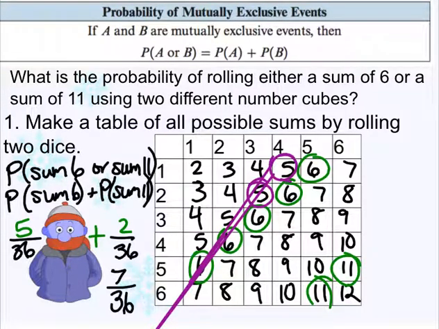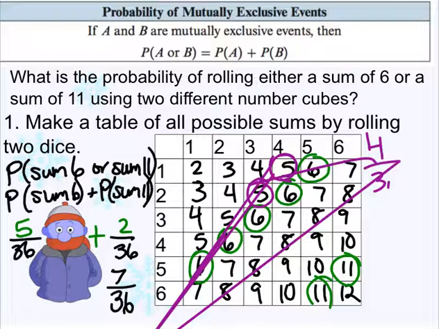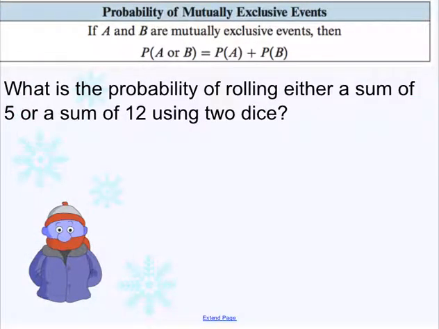So there are 4 fives up there. We have a 4 out of 36 chance of getting a sum of 5, and a 1 out of 36 with my 12, and so altogether I have 5 out of 36 for my probability of getting a sum of 5 or a sum of 12.